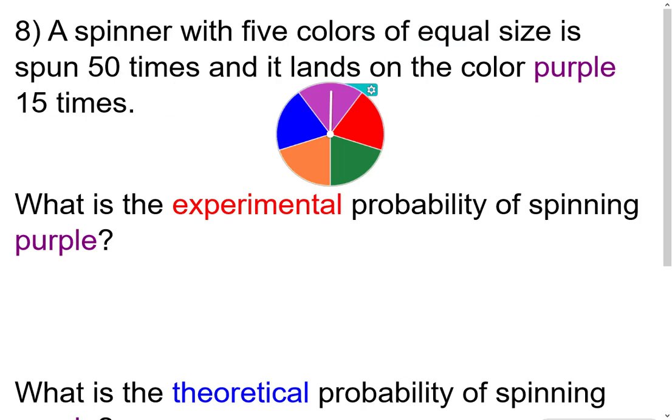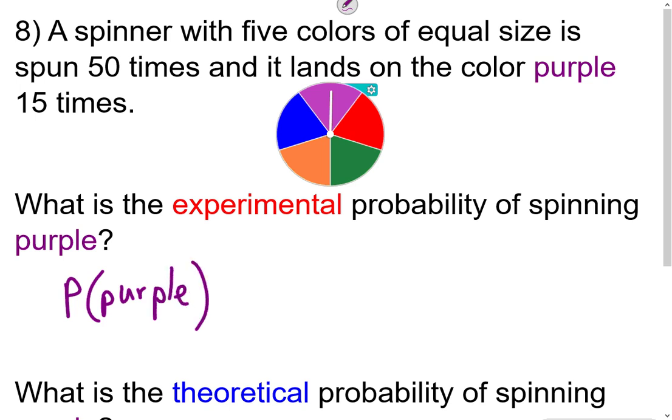Now in this one I have a spinner with 5 colors that are all equal size, so just as likely to get one as the other. And we spin it 50 times, and it lands on the color purple 15 times. I want to know, what is the experimental probability of spinning purple? Very similar to the last one, we're going to do the experimental probability of purple.